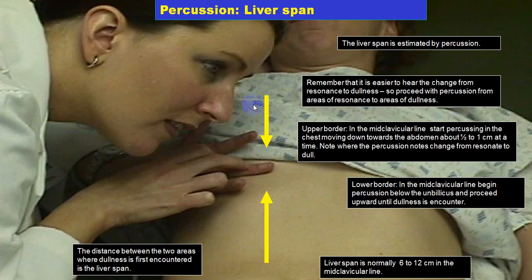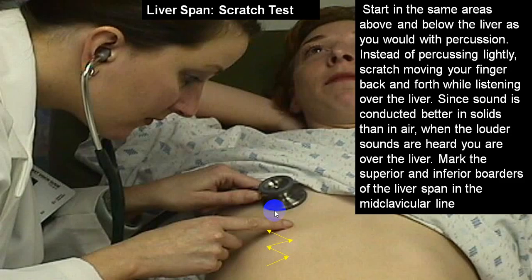And when you are percussing from above, again you are percussing from resonant area to a dull area. So have a gentle percussion, or light percussion, and keep the room quiet and concentrate on the type of the sound. This is a scratch method, and you auscultate and identify the lower border.